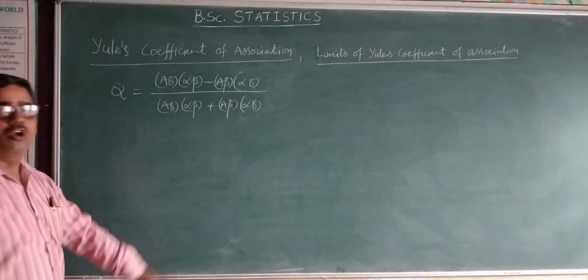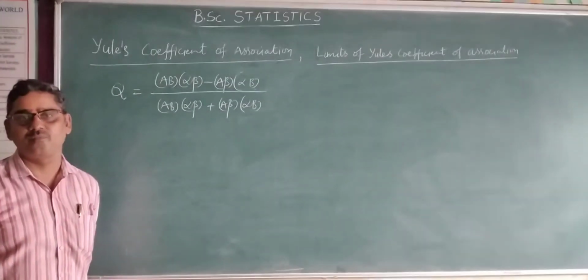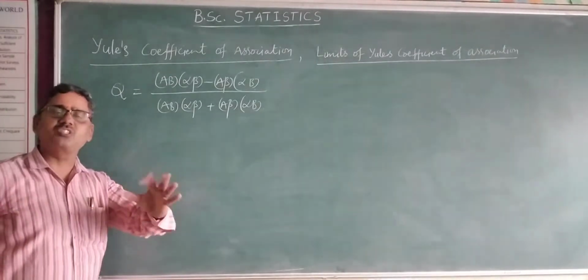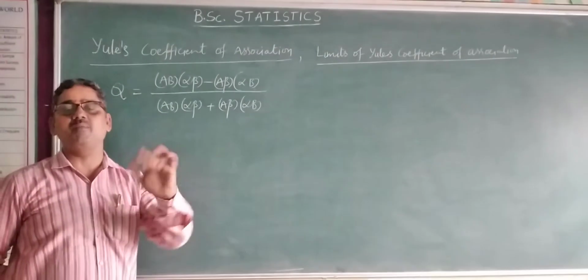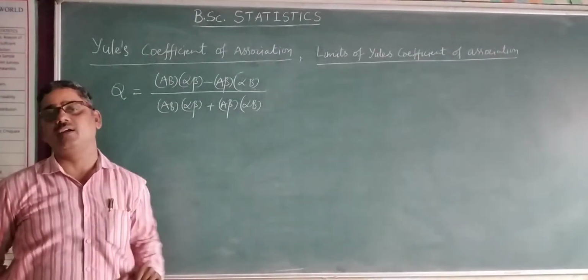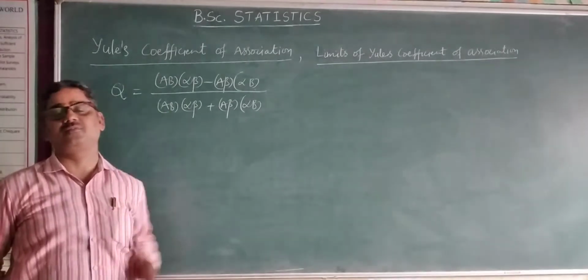This is what the coefficient was given. From this we can find out how much association there is between the attributes A and B.